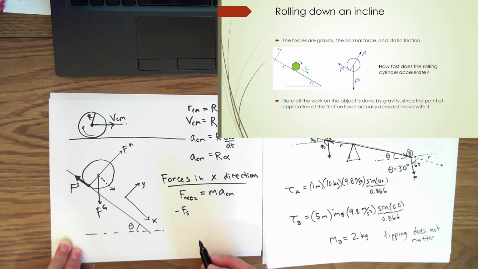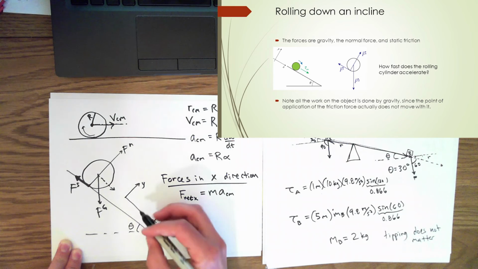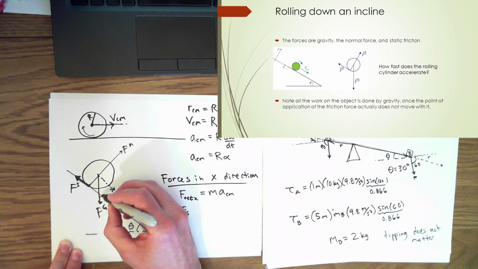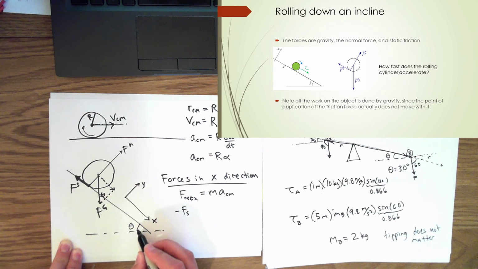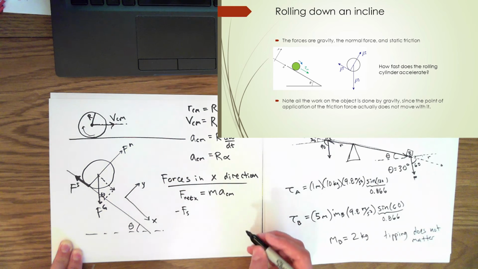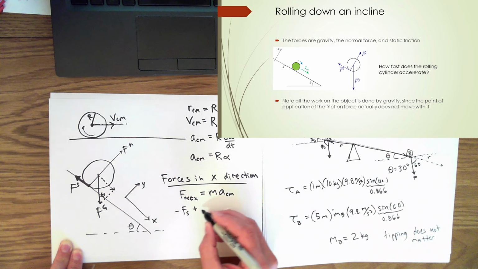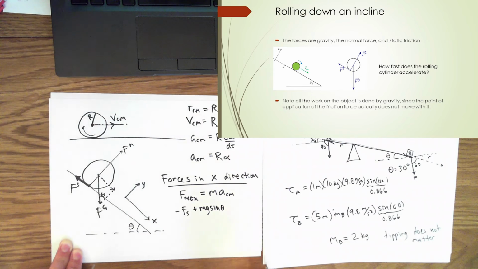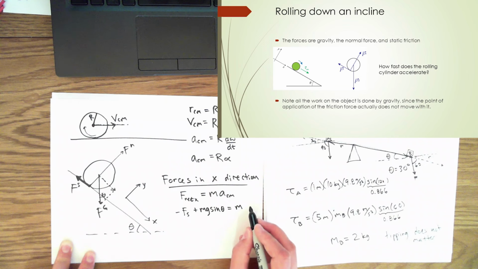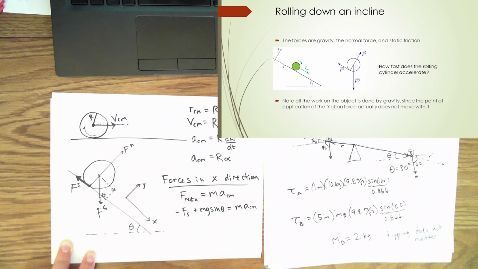You might have to think about the geometry a bit to convince yourself, but this angle is theta, same as that angle. So the magnitude of that gravitational force along the x direction is positive mg sine theta. So that has to equal the mass times the acceleration of the center of mass.